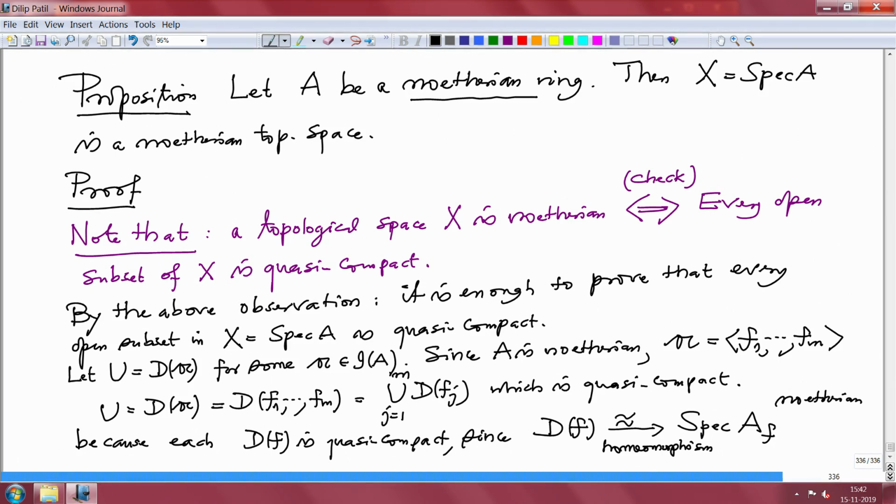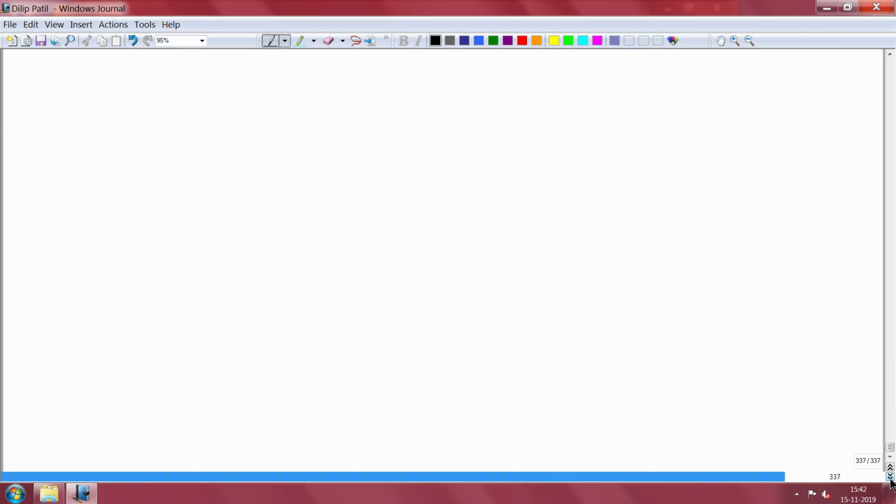So, therefore, it is quasi compact. So, one more thing and then we will take a break. These are the properties of the Zariski topology of the affine spectrum. Alright. So, next proposition.